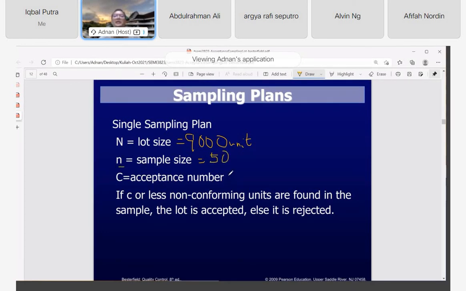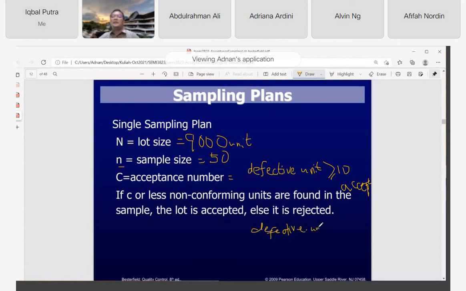And for the acceptance number, say if I found defective units, okay, oh sorry, this is wrong.